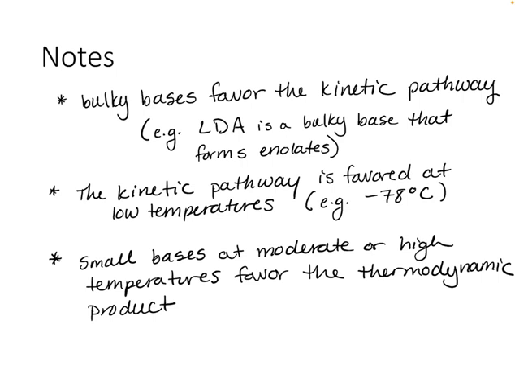So a really good base we could use that's very small is NaH, sodium hydride, or lithium or potassium hydride, any of those hydride bases. And then we could just use room temperature.